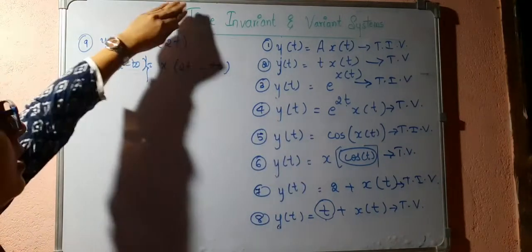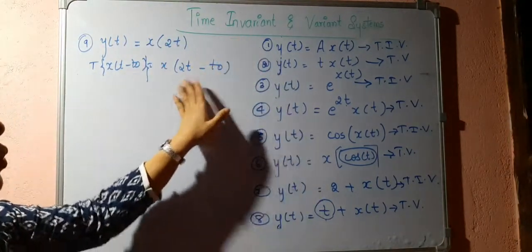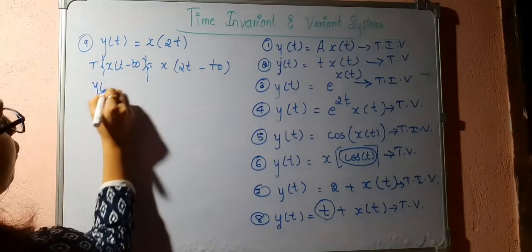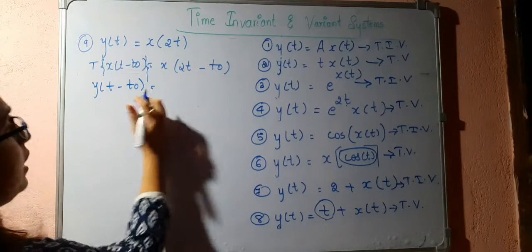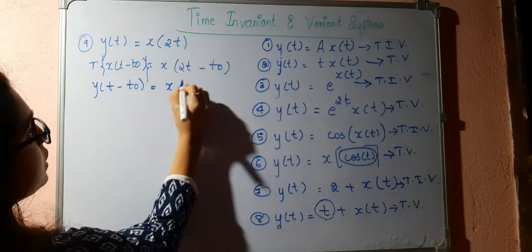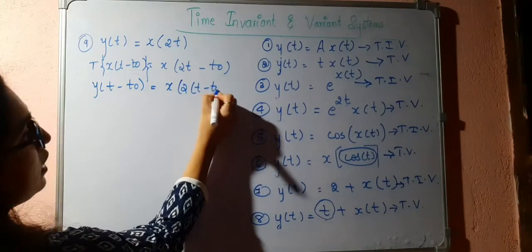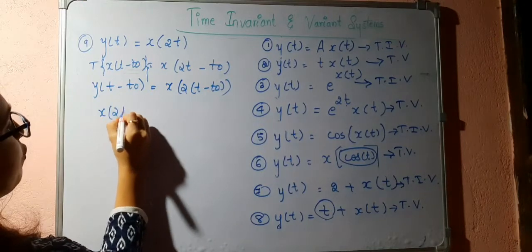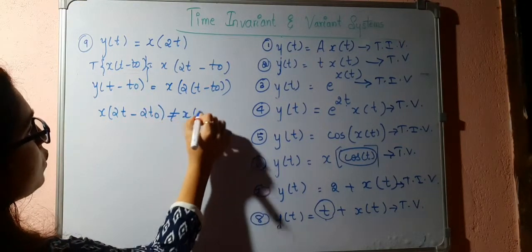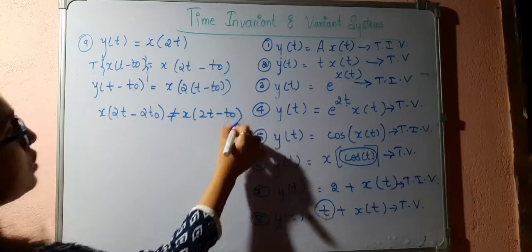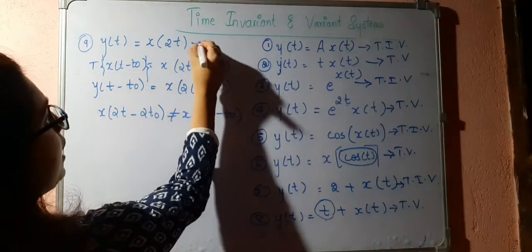Just I am considering this as t, so I will be shifting that 2t minus t naught. But if I pass the output through the delay, this becomes x of 2t minus t naught, so we can say x of 2t minus 2t naught, that is not equal to x of 2t minus t naught. So this becomes time variant system.